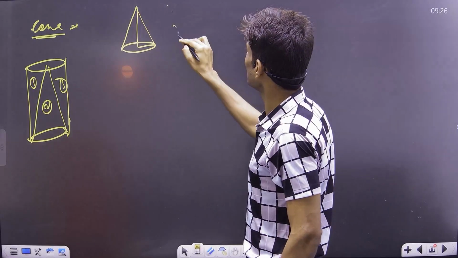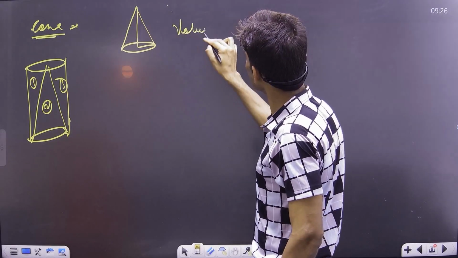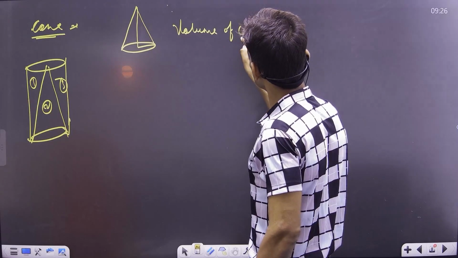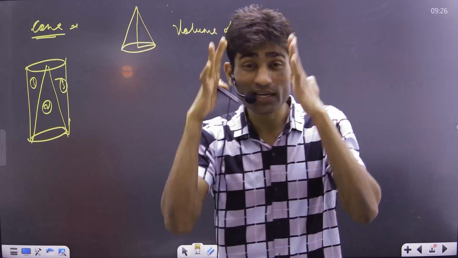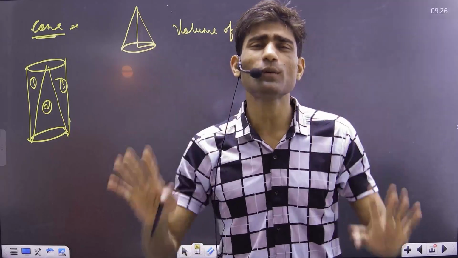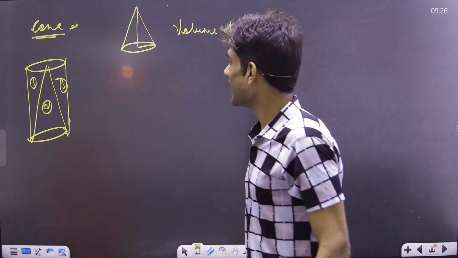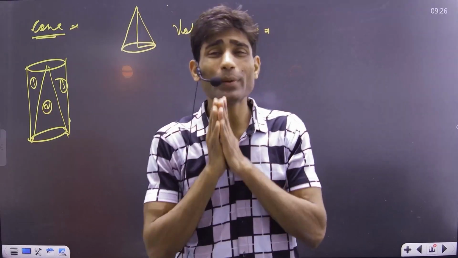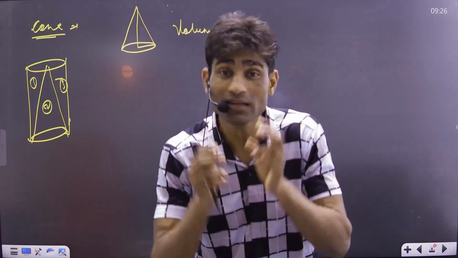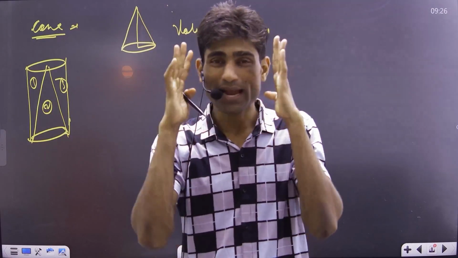That means the volume of a cone is 1/3 of the volume of a cylinder.